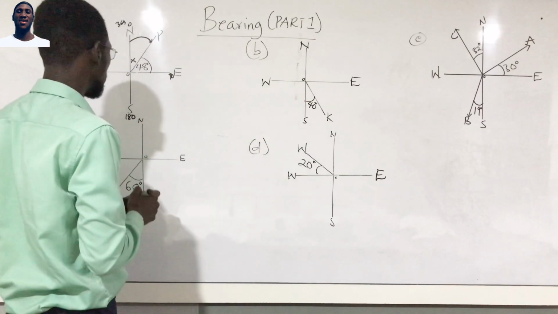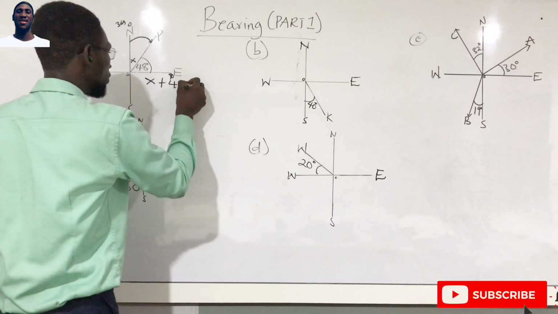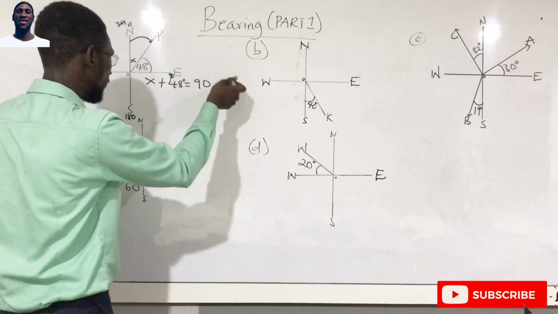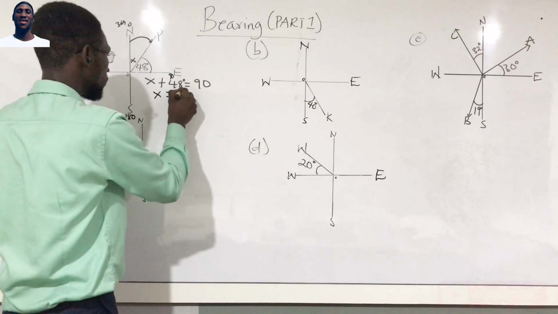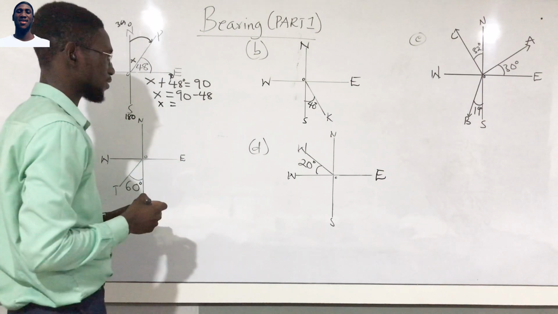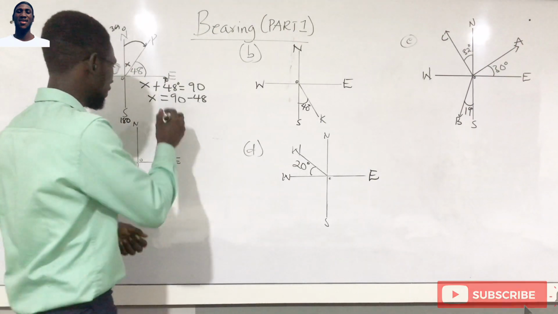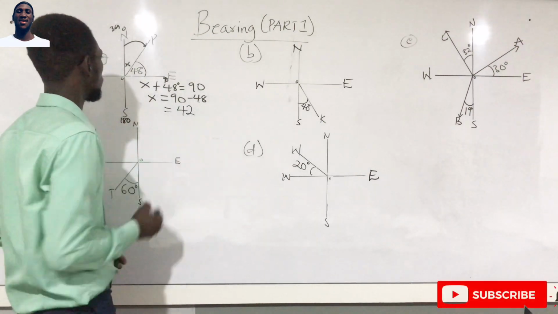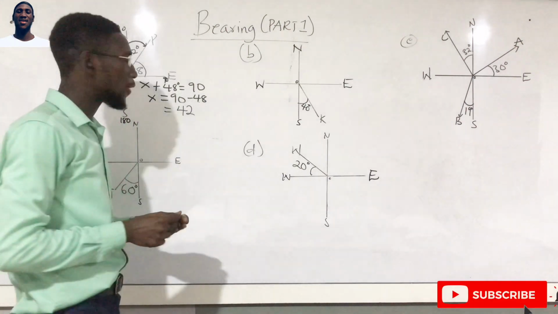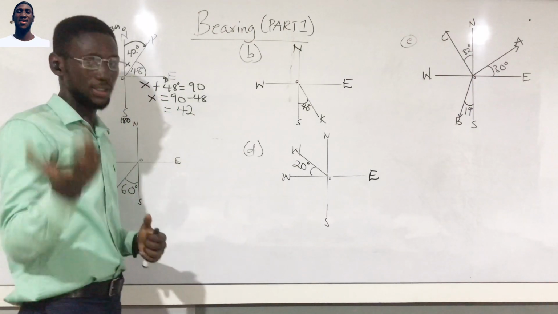So we can form an equation and say X plus 48 degrees should be equal to 90 degrees. So X equals 90 minus 48 degrees, which gives us 42. So our bearing of P from O is 42 degrees.